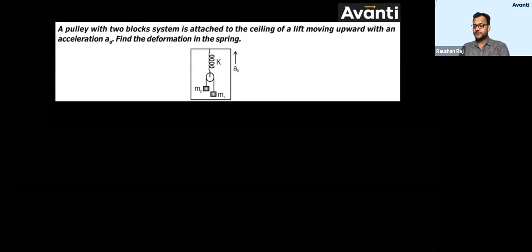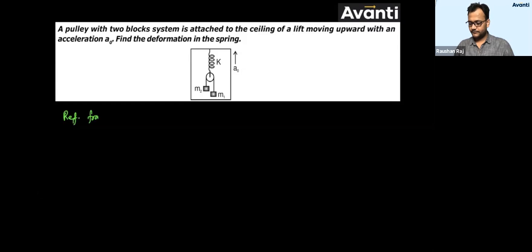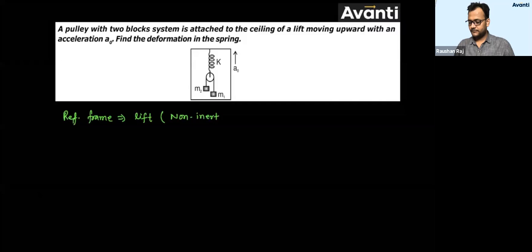Come on guys, give me the answer. I would request you to use the lift as the reference and then give me the answer. Come on guys, जल्दी से आंसर करो.